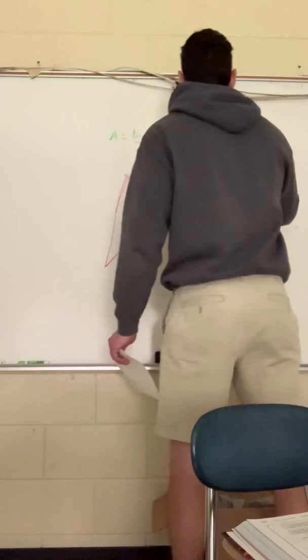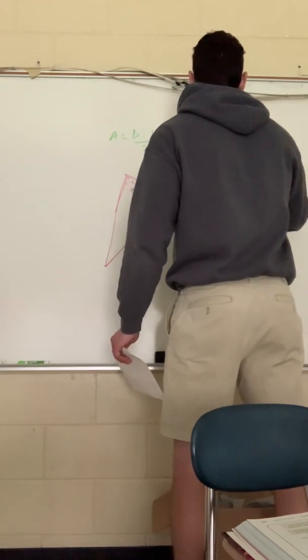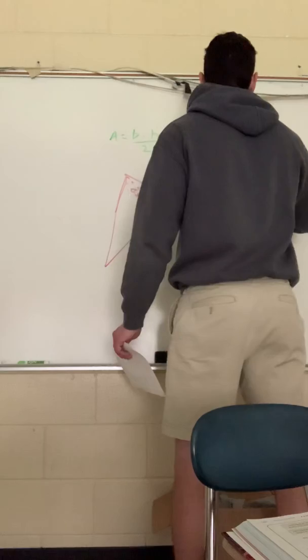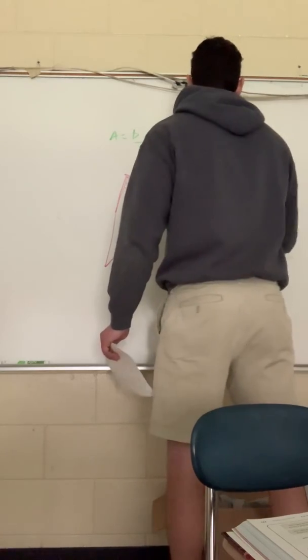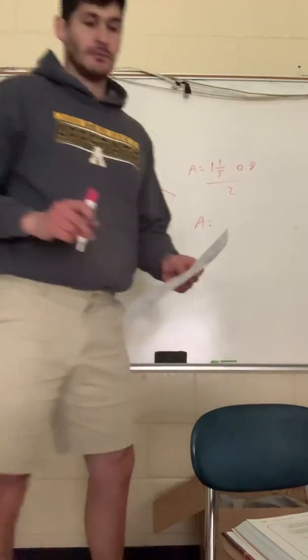So I can go ahead and do my formula. Area equal to my base times my height, all right, everything divided by 2. And let's see what we get.